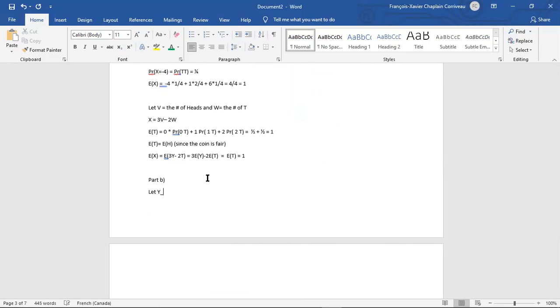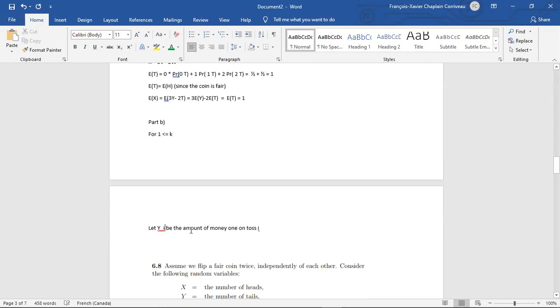So let yi be the amount of money won on toss i. Personally I don't like the letter i, so I'll write k. For all k between 1 and 99, I look at the amount of money that I won on toss k.